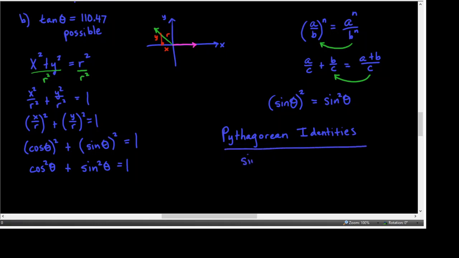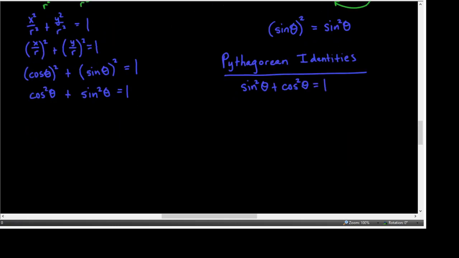And sometimes I change the order just because I like to. So I just want you to know that writing sine squared theta plus cosine squared theta is the same thing as the reversal around that addition sign. And so I might very well write the first Pythagorean identity that way, or the way it is over on the left side. They are the same thing.